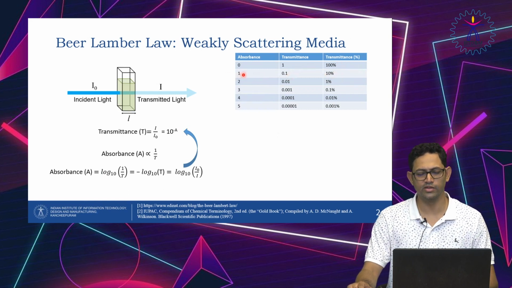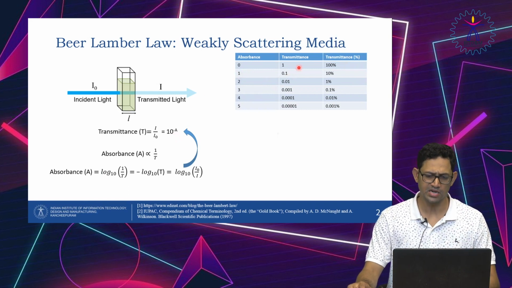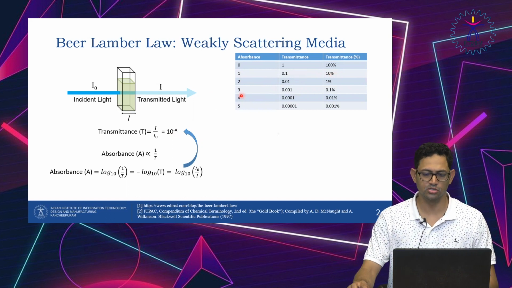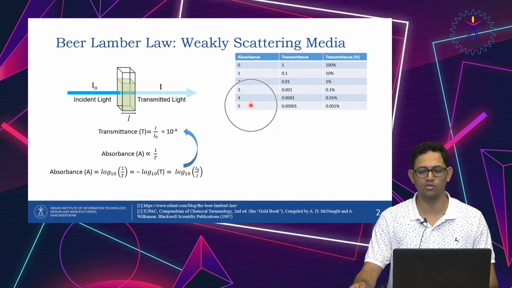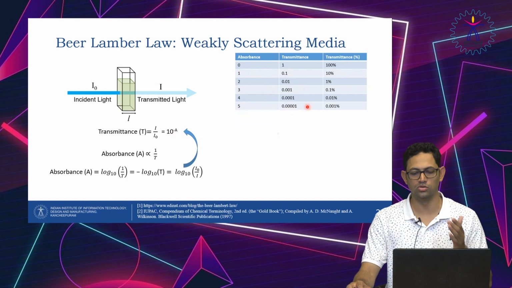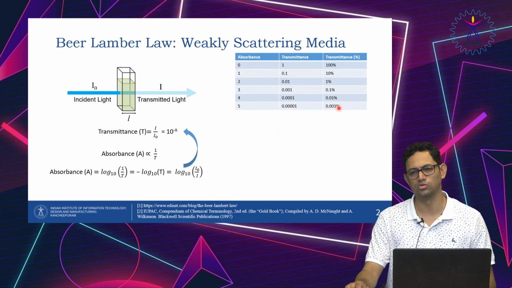Now if absorption is 1, then you have 10 to the power of minus 1, that is 0.1, and 0.1 in percentage is 10%, and so on and so forth. If you have absorption of 5, then you have transmittance as low as 0.00001, which in percentage is around 0.001%.